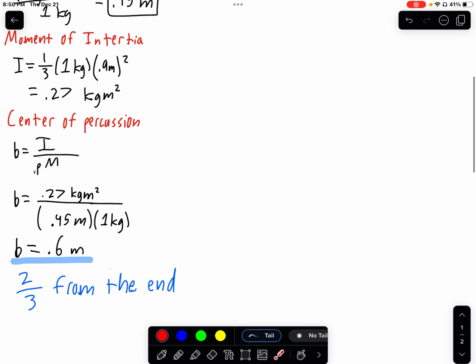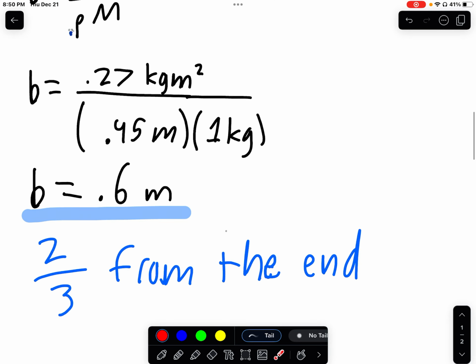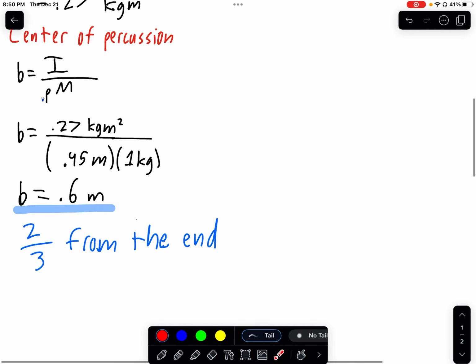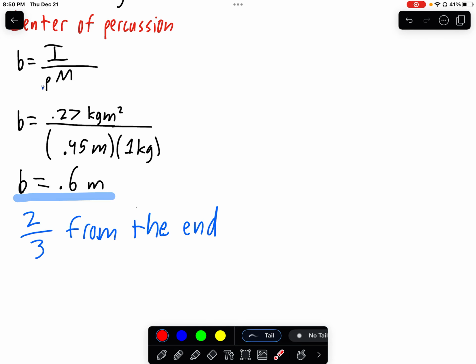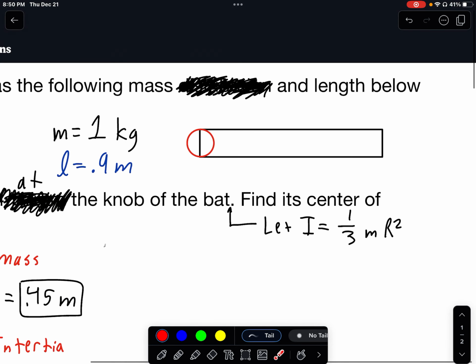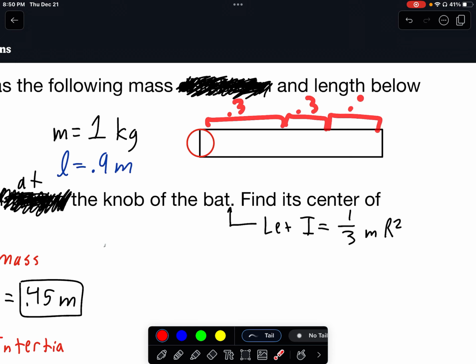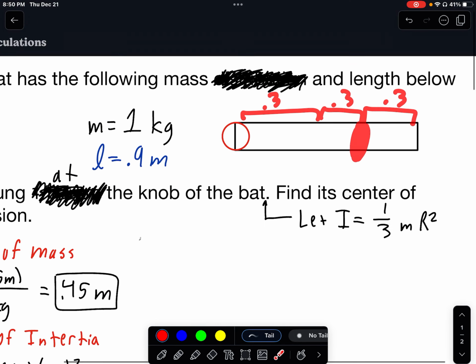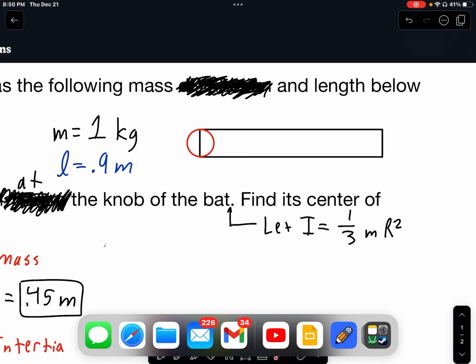Again, like I said, center of mass, 0.45 meters. So then we have our center of percussion at 0.6 meters, which is at this point, two-thirds down the bat. So that's a pretty cool calculation that we just did there.